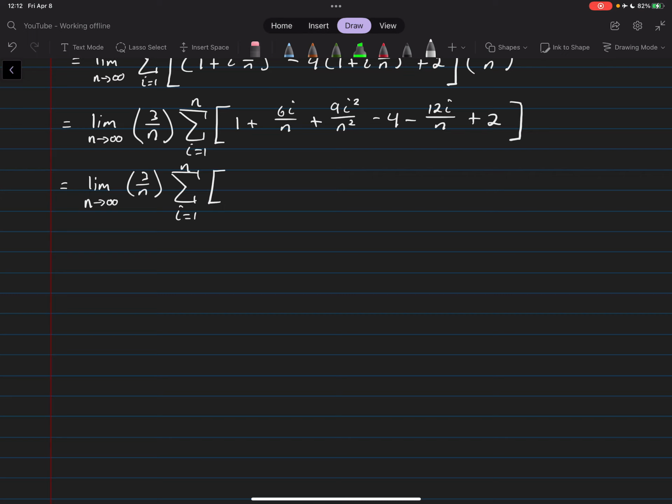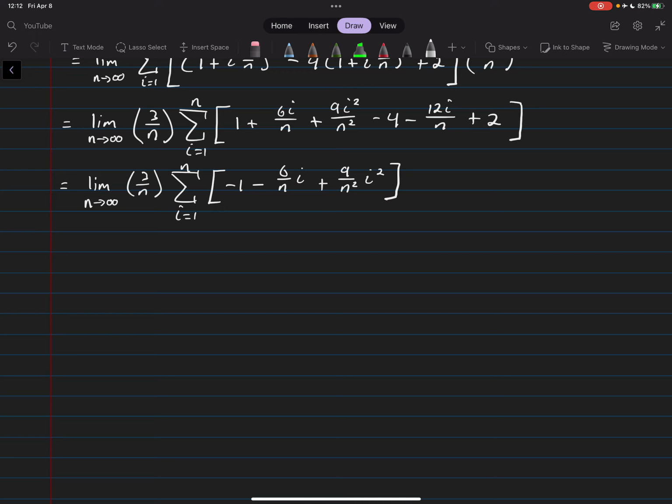And then combining these terms, we end up with a negative 1 minus 6 over n i plus 9 over n squared i squared.